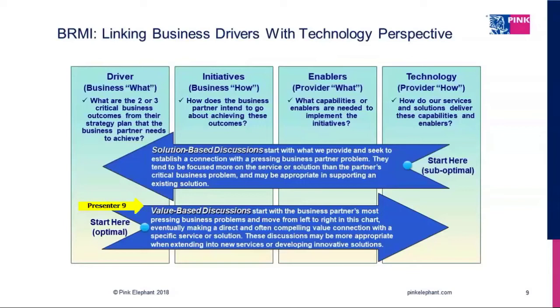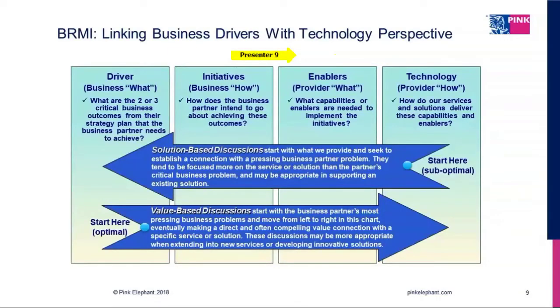So this particular structure here allows the BRM to have not just technology discussions, but we can offer discussions and services and advice from the business level down to the technology level. And typically a BRM doesn't operate down here. They typically operate in these first three columns.